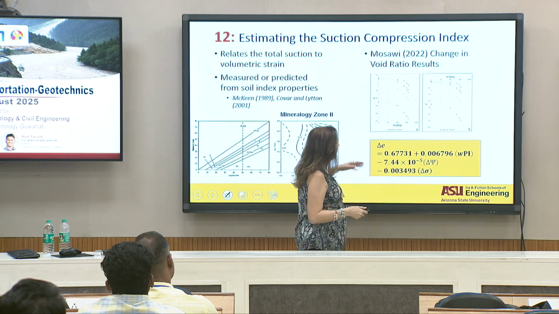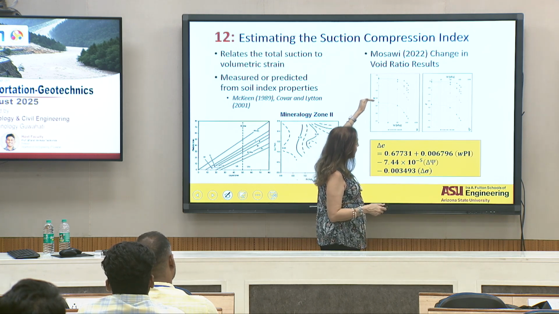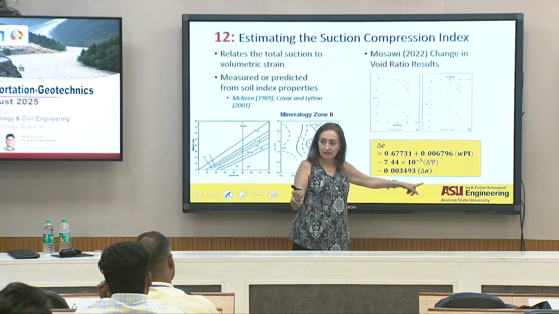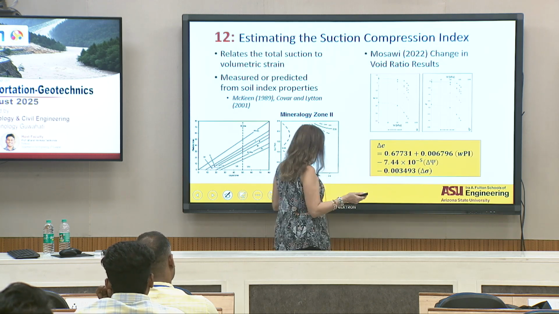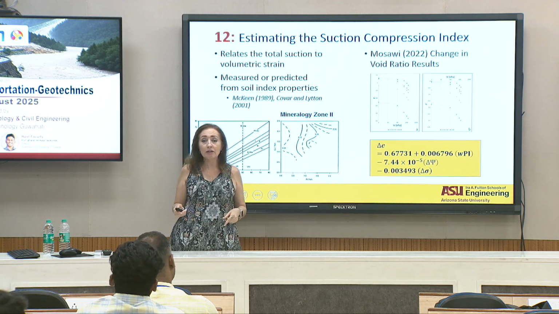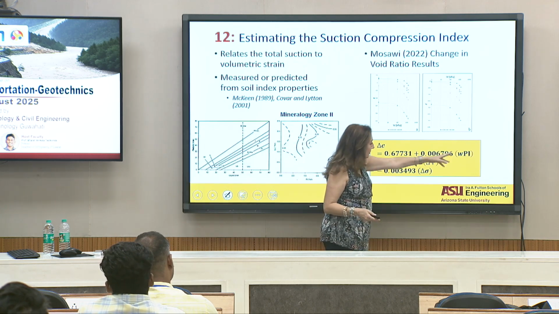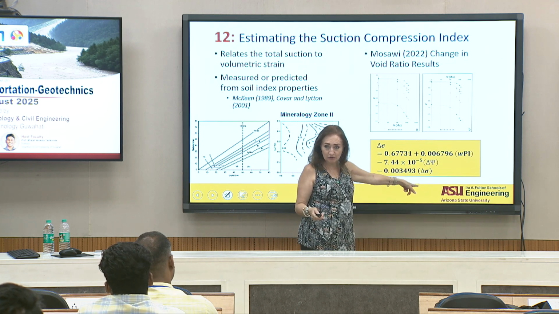He was able to find the change in void ratio versus suction, and they translated this into strains versus suction. Basically, they were able to find a relationship between the change in void ratio, the change in suction, and the change in normal stress, okay? He added the WPI, and I don't have the R squared here, but it wasn't bad, it was good, okay, with the data we got. So we got passing 200, PI, and the two stress state variables in here, right?